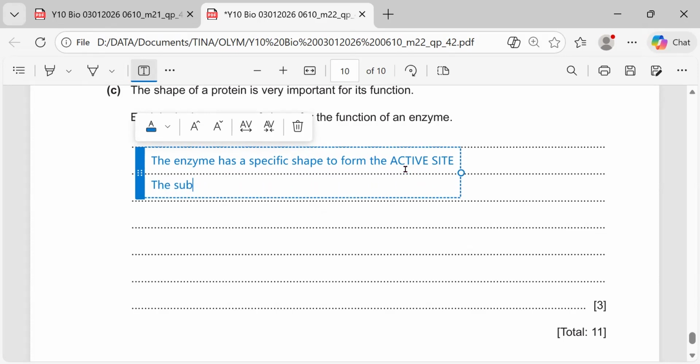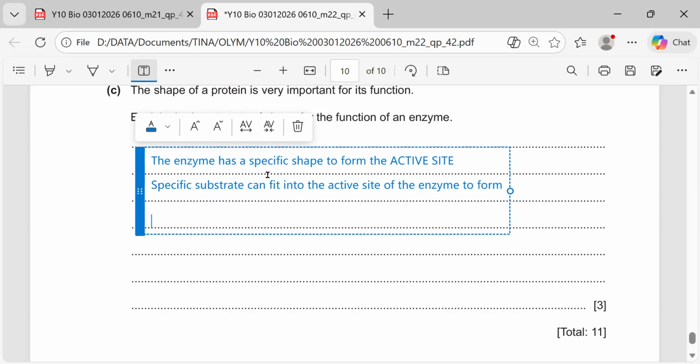Sorry, specific substrate, not the substrate. Specific substrate can fit into the active site of the enzyme to form, what is it called? Enzyme-substrate complex. Yeah. Okay.